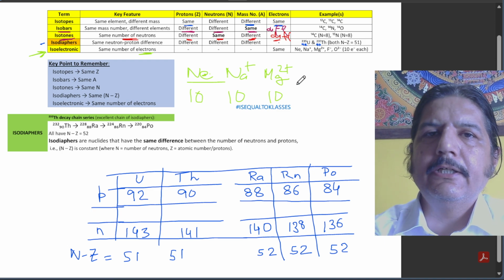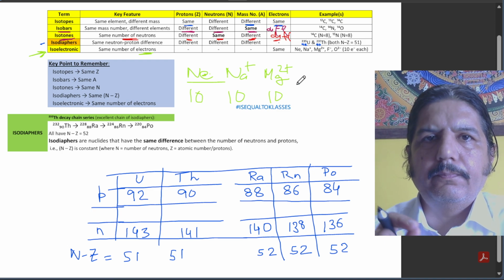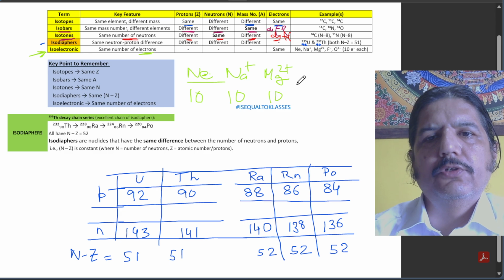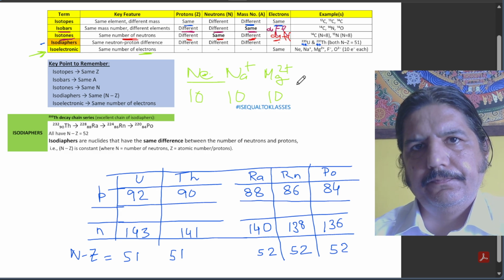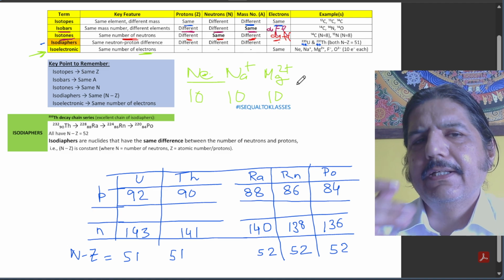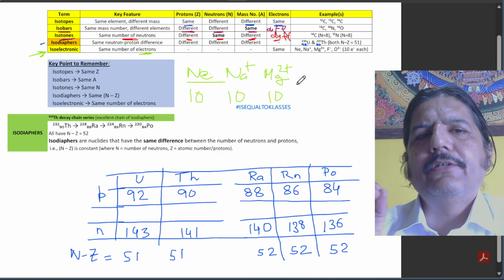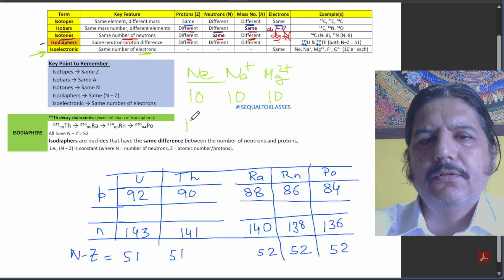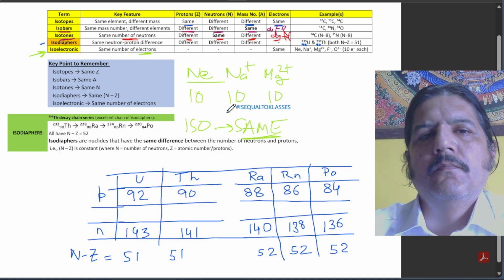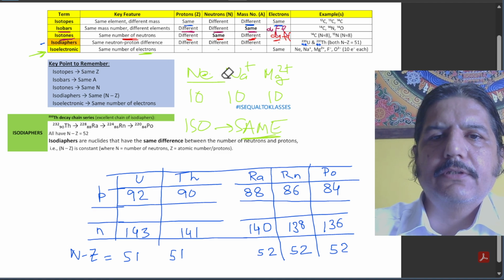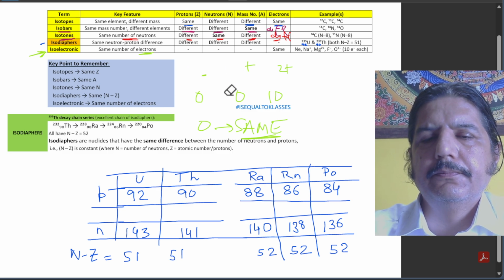Now look at these three entities. Neon, Na positive, and Mg2 positive have 10 electrons each. That is why they are called isoelectronic. Iso means same.